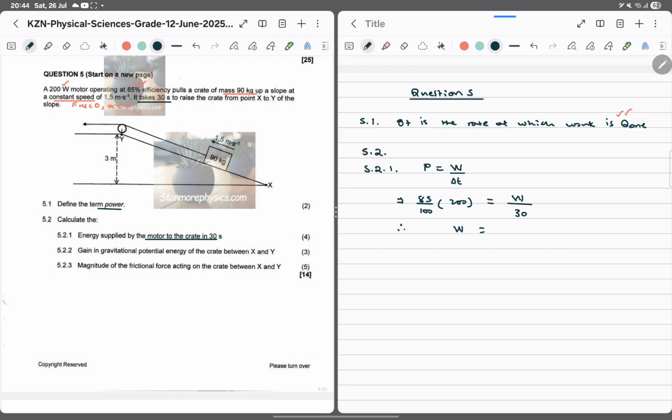So this gives us 5,100 joules. Remember, this is energy. It should be in joules. So of course, folks, this calculation and the general substitution answer, I'm thinking, why is this 4 marks? Oh yeah, in physics we get a mark for the formula as well.